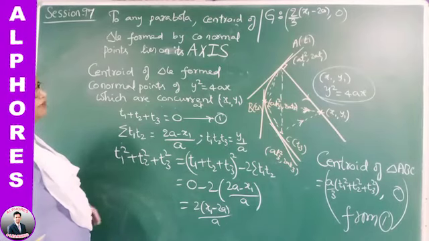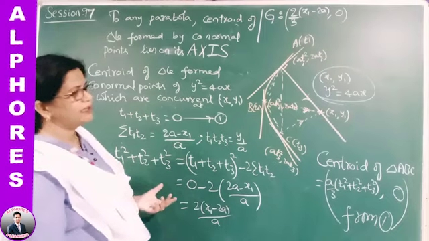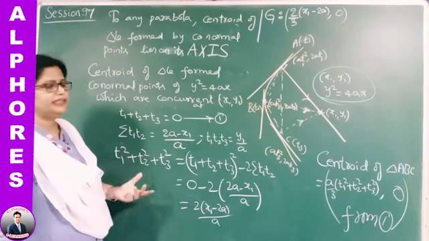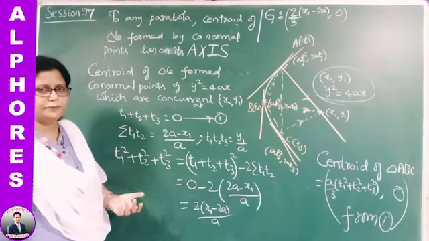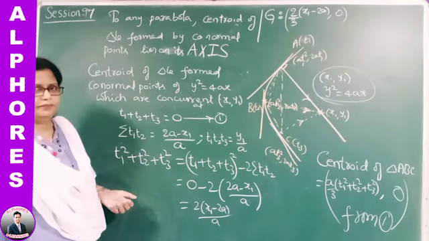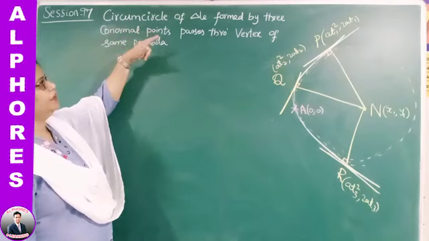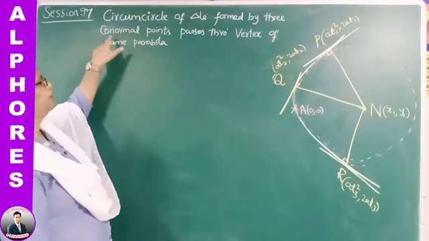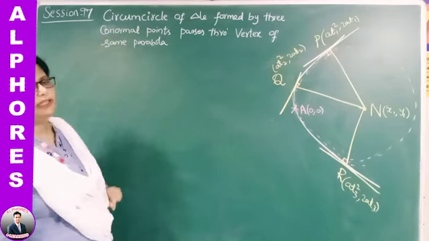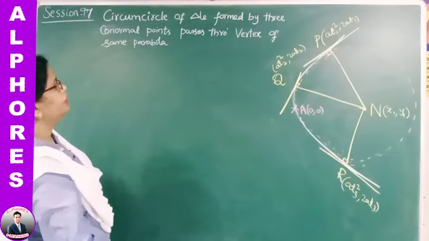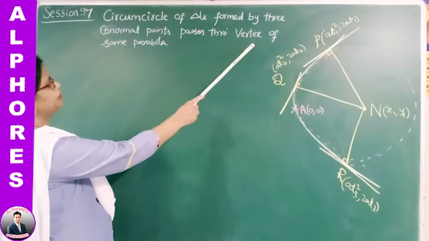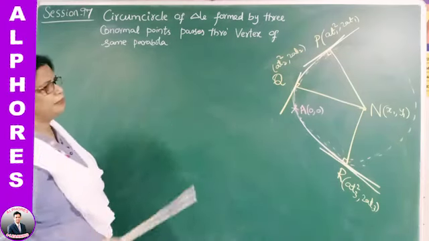So you know the centroid concept very well. After that, immediately you can find the circumcenter as well as the orthocenter of the same triangle. Now observe, students: the circumcircle of the triangle formed by 3 co-normal points passes through the vertex of the same parabola.